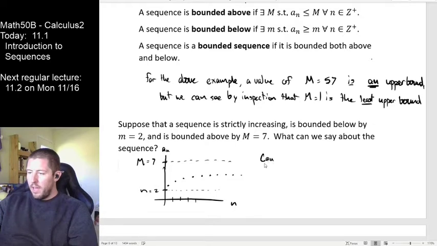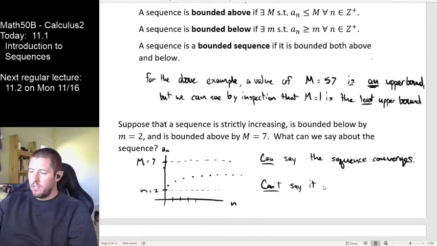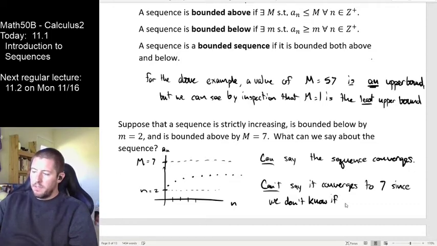So let me say here we can say the sequence converges. We can't say it converges to 7, since we don't know if 7 is the least upper bound.